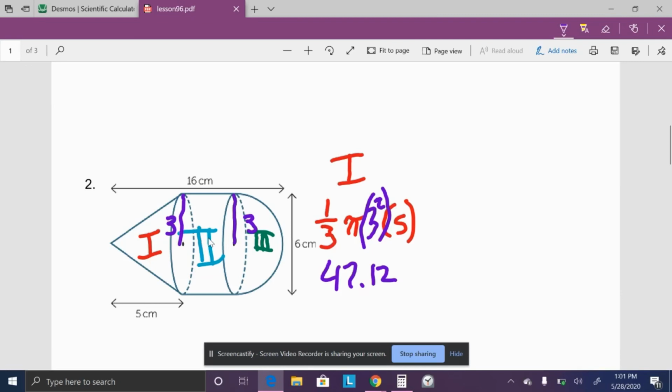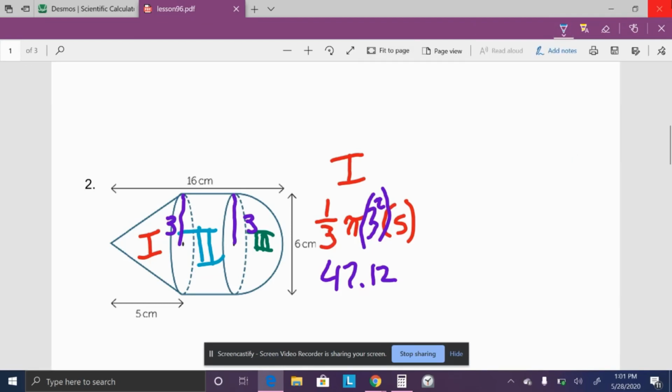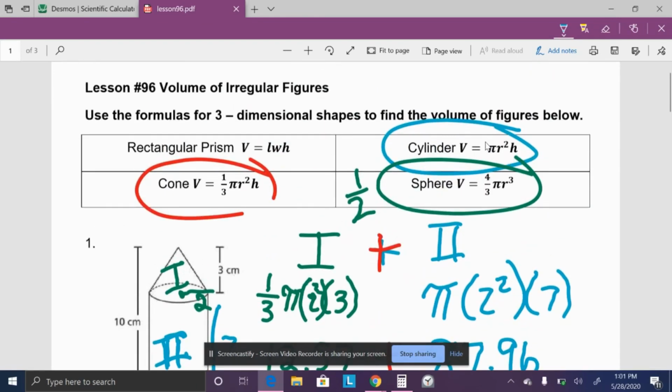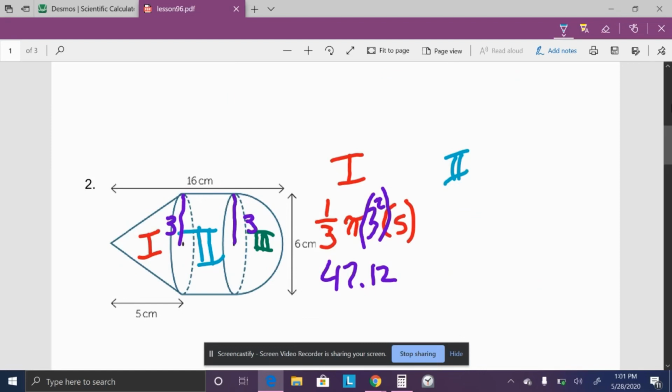Now the cylinder. Change my color here. So we have pi r squared h. All right, so pi r squared, which we know the radius is 3. 3 squared.